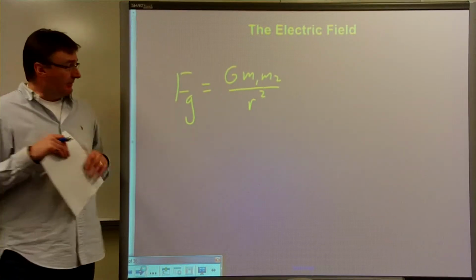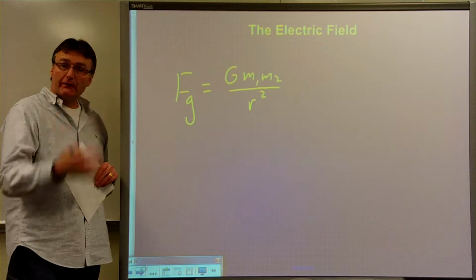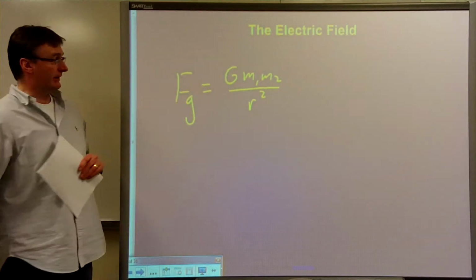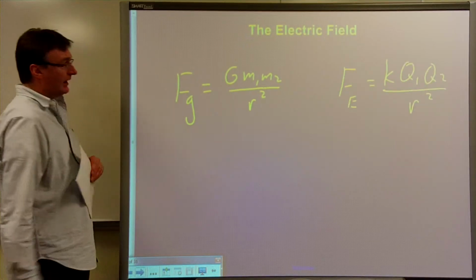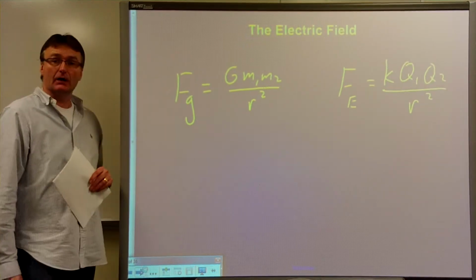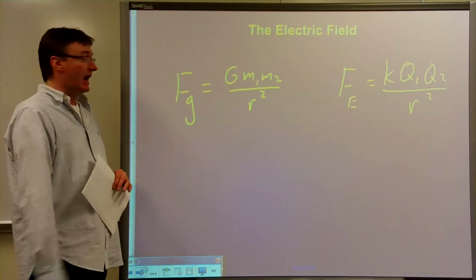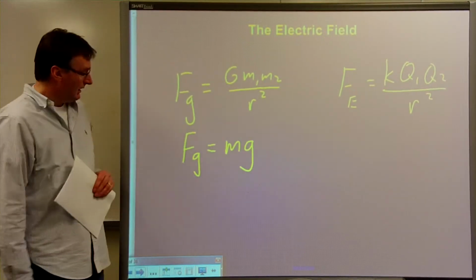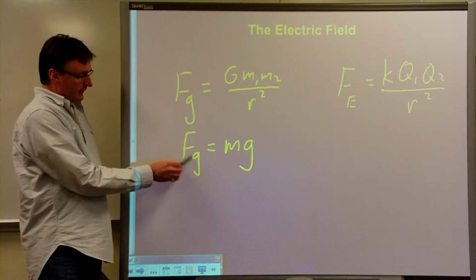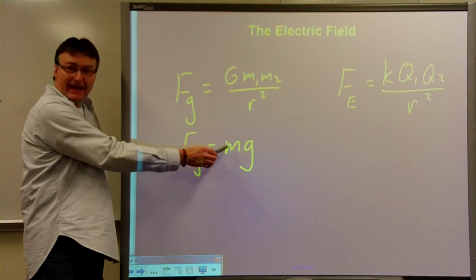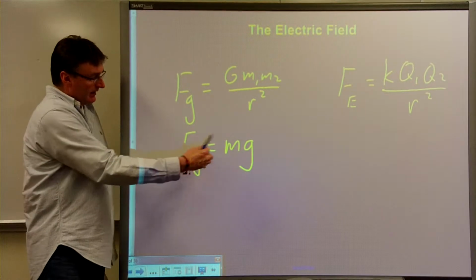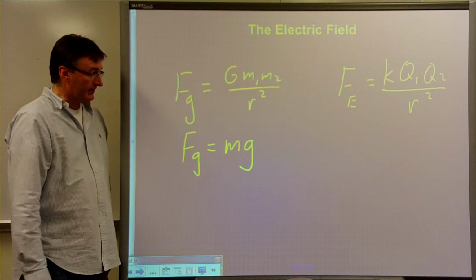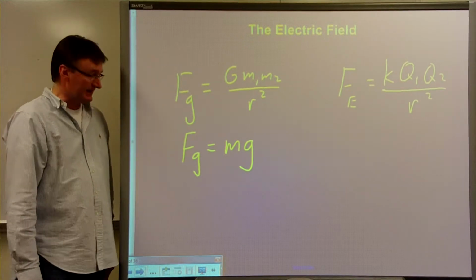Now, let's make some comparisons with gravitational force and gravitational field. Here's our formula for gravitational force, and there's our formula for electric force, and you can see how similar they are. We also know that the force of gravity is the mass of an object in that gravitational field times the strength of the gravitational field itself.